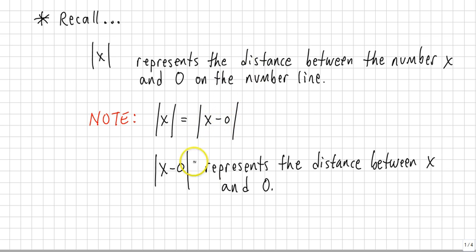And like we just said, the absolute value of x is the distance between the number x and 0 on the number line. And it turns out we can modify this and get absolute value expressions that represent other distances. So the absolute value of a number minus another number is going to represent the distance between those two numbers.